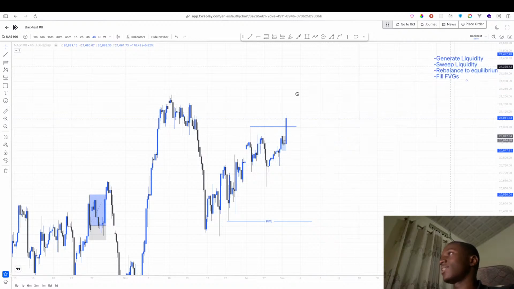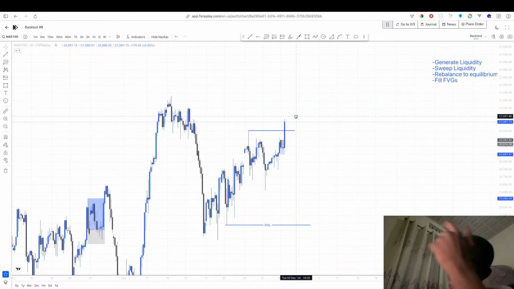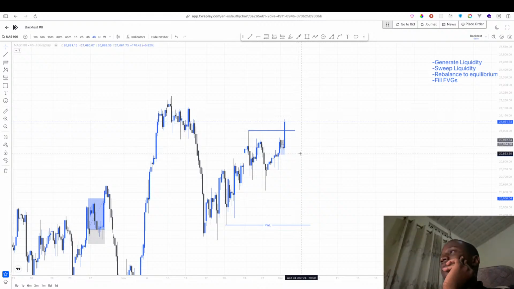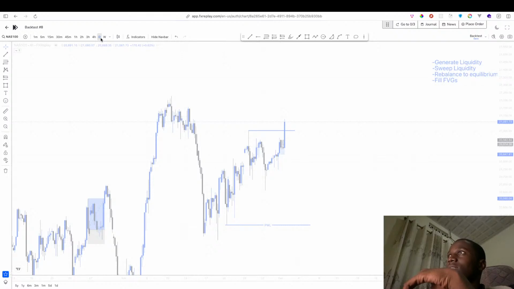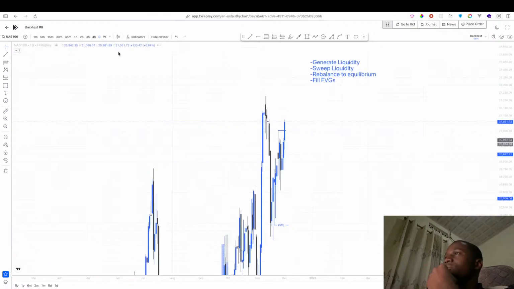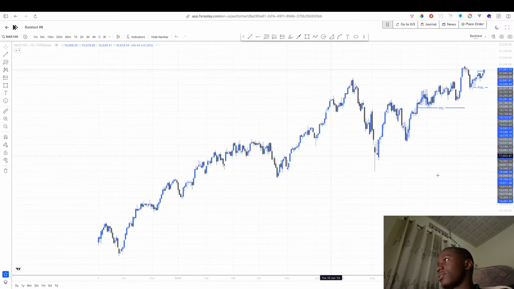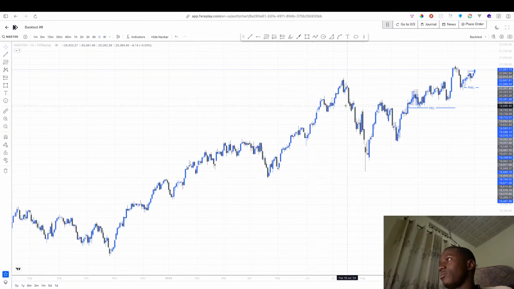This one right here. So when the market is rolling up, you might expect a rebalance, then continue higher as our bias has shifted to bullish. And when we go to the daily, let's see if we see a market maker. Do we see a market maker model? Well, there's one right here.